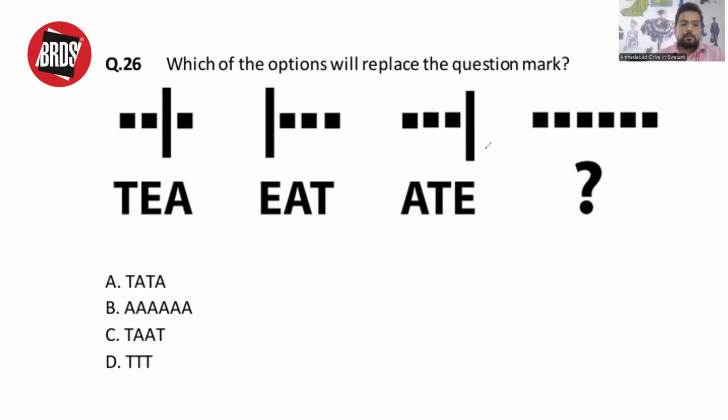Very rarely have I seen students who have marked all four of them as correct answers. But if you have marked all four as correct, you have done very well in this particular question. If you look closely at this one, you will find that there are three squares and one rectangle in every single coded word which is given to you.